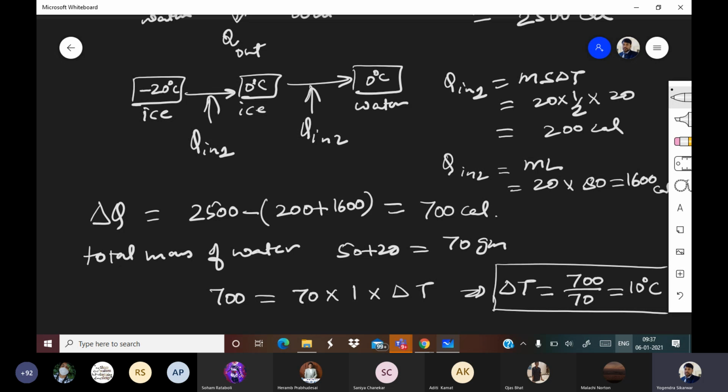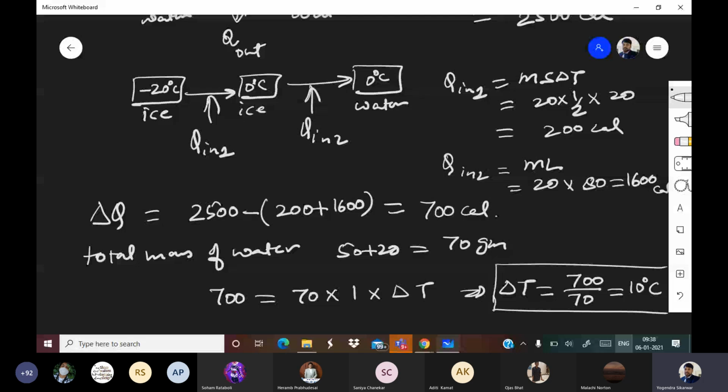So 500 plus 100 becomes 600. Same way, the temperature first you shifted from minus 20 to 0, and then you melted also. That is also a cost. So melting cost is 1600 and the cost of raising the temperature is 200. So total cost is 1800.